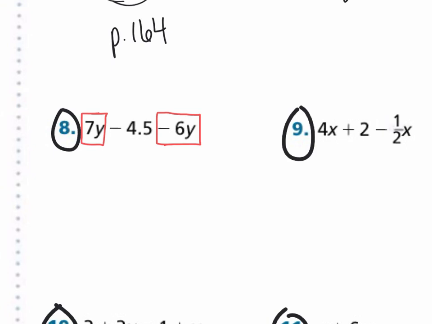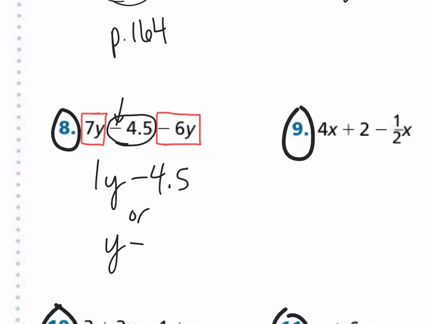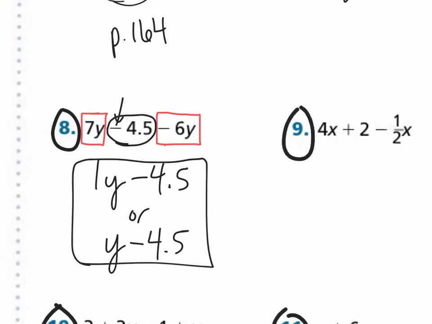So 7y minus 6y would be 1y. And then the minus 4.5, make sure you don't lose that sign to the left of it. Minus 4.5 just comes down. Technically 1y is the same as y, so if you just wrote it as y minus 4.5, that would be okay also.